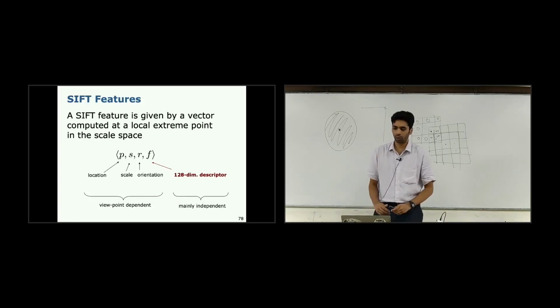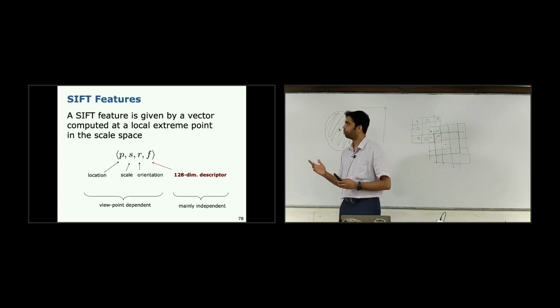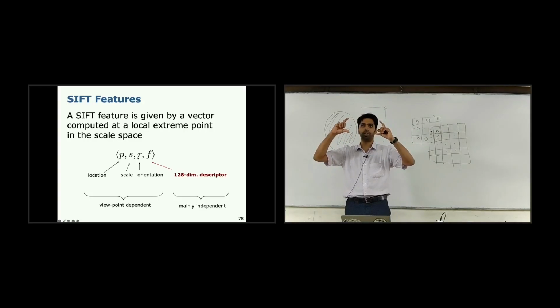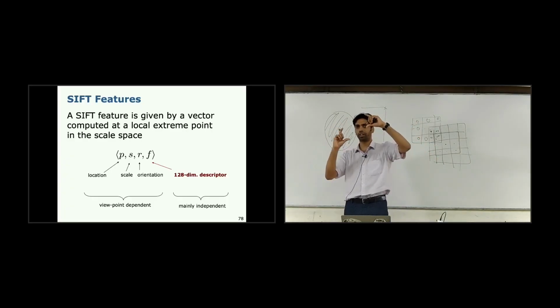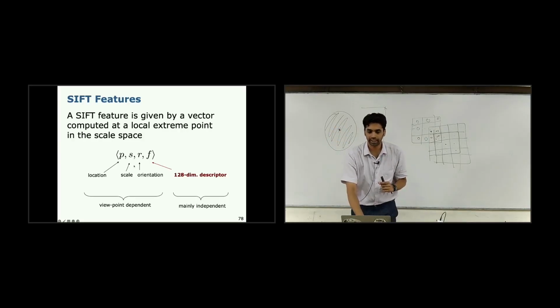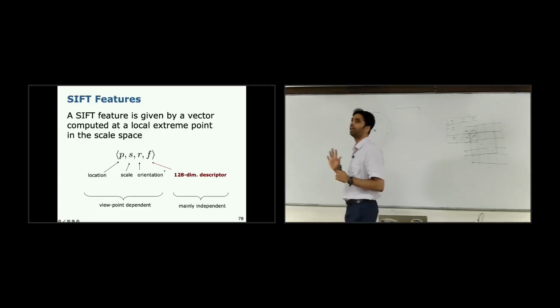If you look more closely, you have 3 things which are location dependent or viewpoint dependent. Your position of that feature, your scale, and the orientation will depend on where you took the image from. If I took the image closer to the object or farther away from the object, or if I took the image rotated, or if I took it horizontal. So those 3 things are viewpoint dependent, whereas F itself will be viewpoint independent.